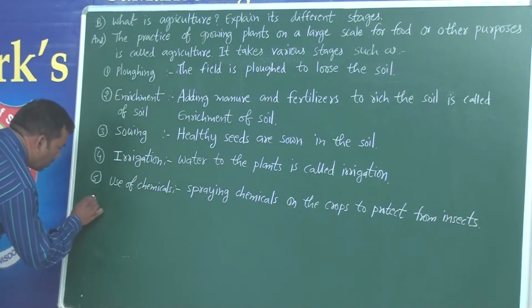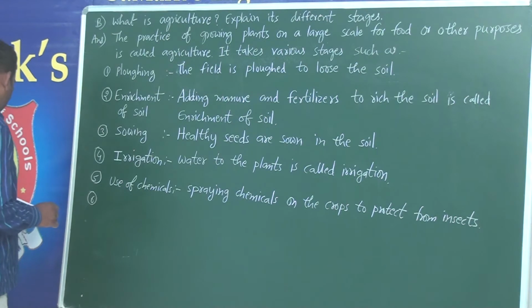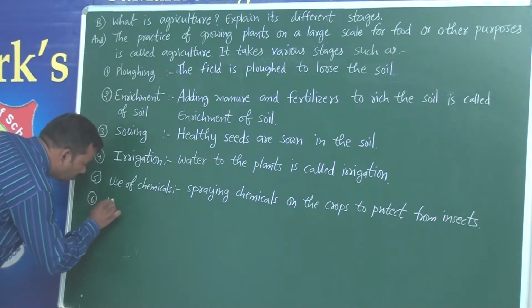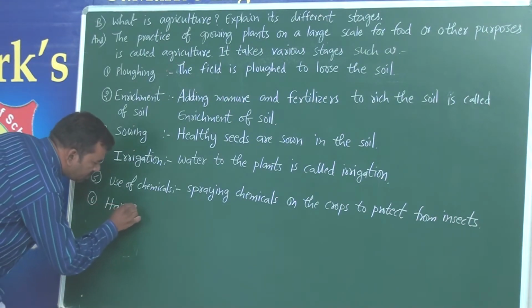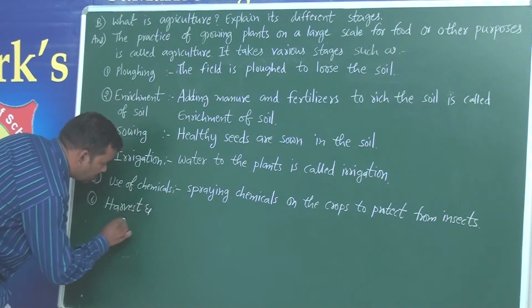And number 6 stage is harvest and storage. When the crop is grown, we harvest and store them.